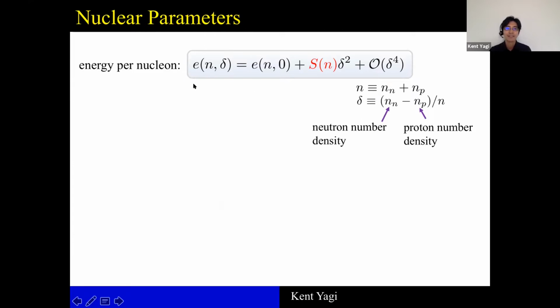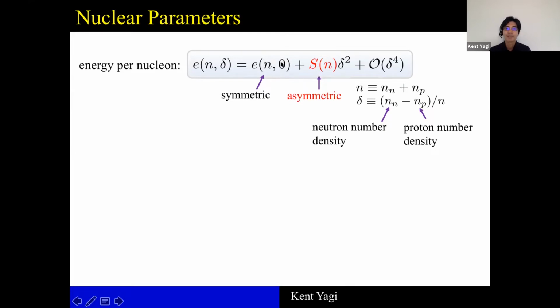First we expand this energy per nucleon about delta equals 0, in other words about symmetric nuclear matter. The leading term is the energy corresponding to symmetric nuclear matter, and the next two terms capture the information about asymmetry.